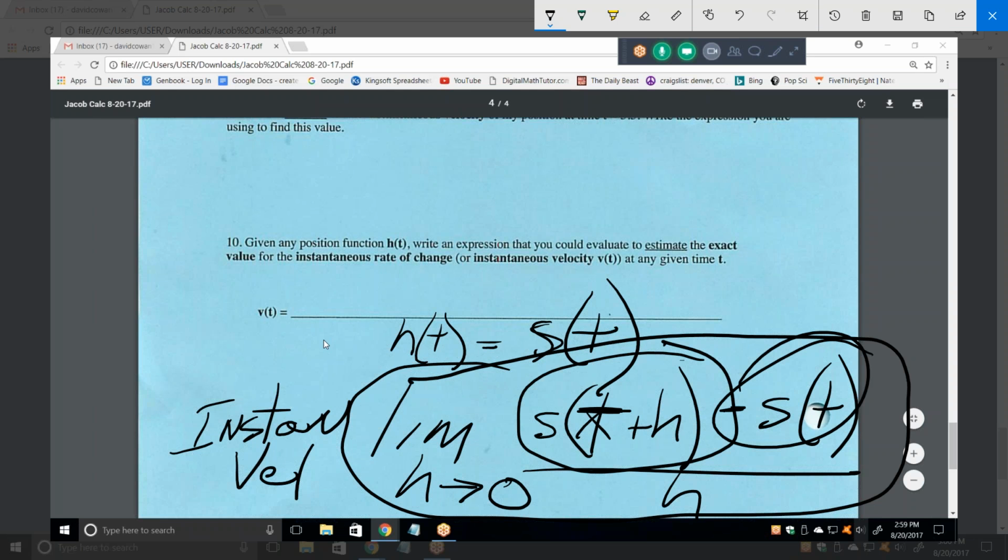And then we let h get smaller and smaller. In other words, we let h approach 0. And if you happen to know what the function is, you can then use algebra to figure out the exact instantaneous velocity at time t.